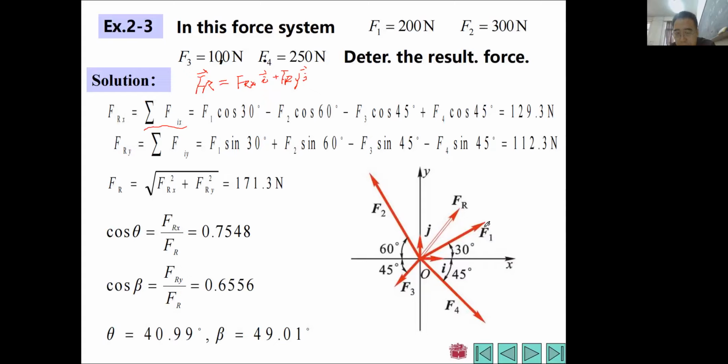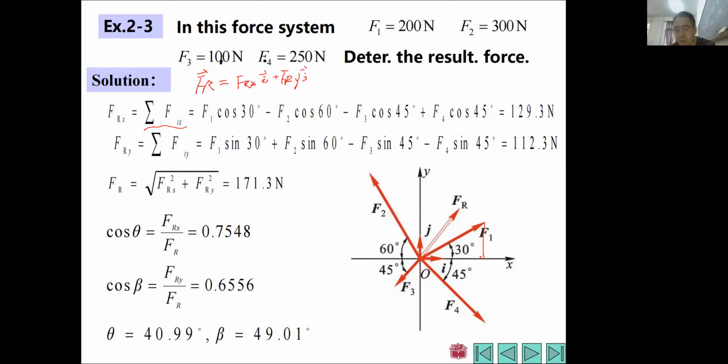We just imagine that we do this normal projection, right? So this F1x will equal F1 times cosine 30, this whole length here. Actually, this is F1x. And the most important thing is that when we get F1x, its direction is along the positive direction of x.